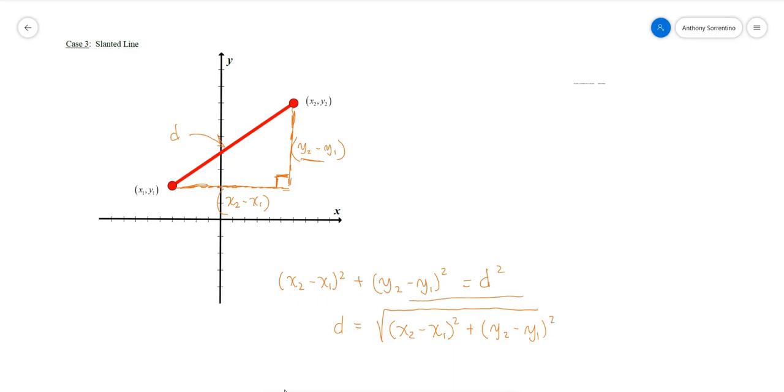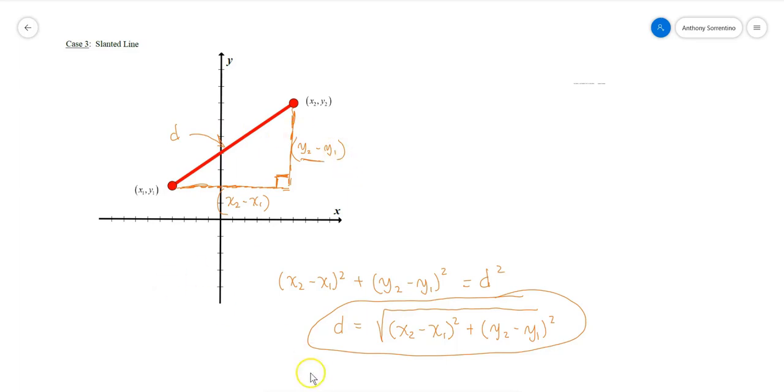And this is what we know as the distance formula. And this would work with horizontal and vertical distances as well, but it's mostly geared towards finding the distance between any 2 points on the graph, and it's more geared towards slanted lines, much like this one. And most of the ones you're going to deal with are going to be slanted lines.